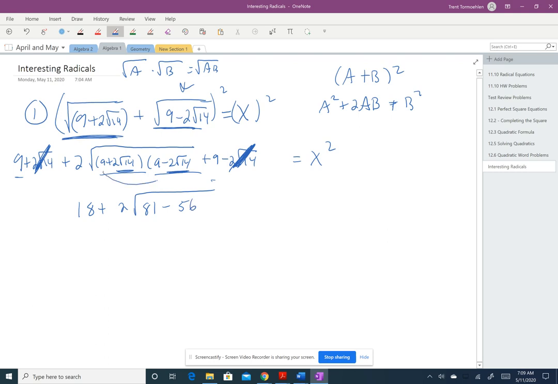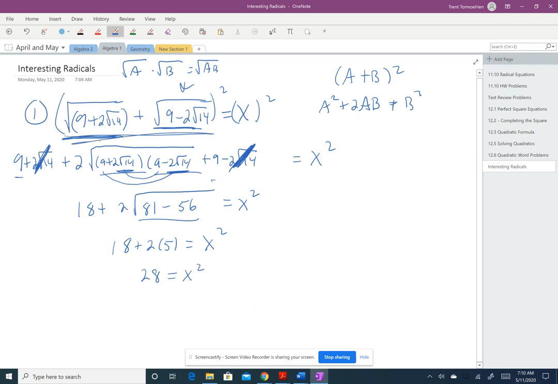Recognize that negative 18 root 14 and positive 18 root 14 just cancel out. And so that gets me x squared. The radical 81 minus 56 is the same as the square root of 25. The square root of 25 is 5. And so you end up with 18 plus 2 times 5 equals x squared, which gives you 28 equals x squared.